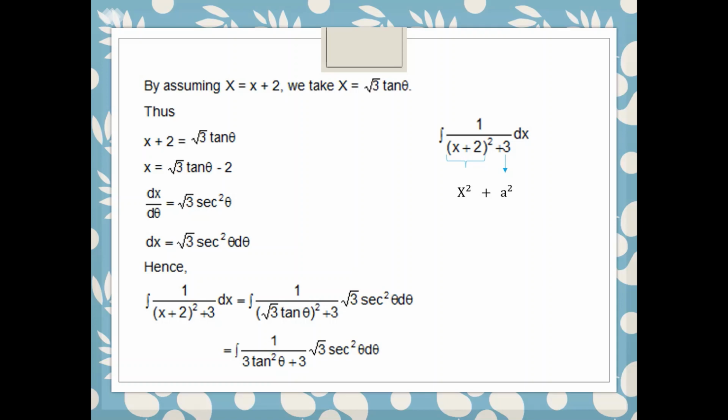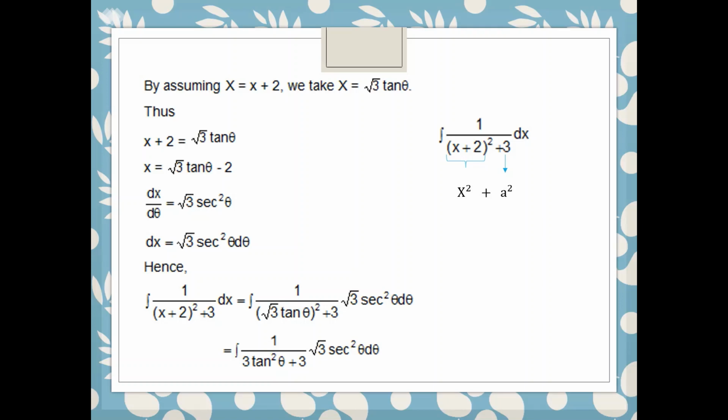Thus, the suitable trigonometric substitution to be used here is capital X equal to a tangent theta, in which capital X is equal to x plus 2 and a is square root 3. Differentiate x plus 2 equal to square root 3 tangent theta, you will get dx over d theta equal to square root 3 secant squared theta.